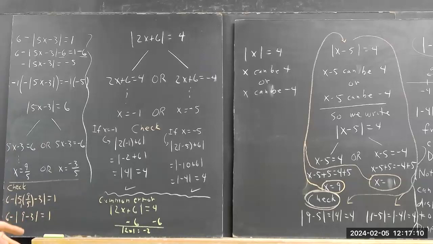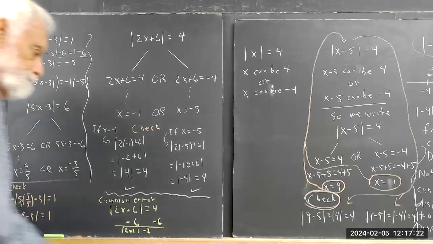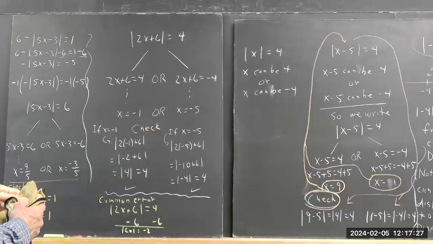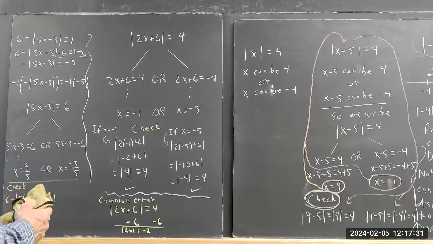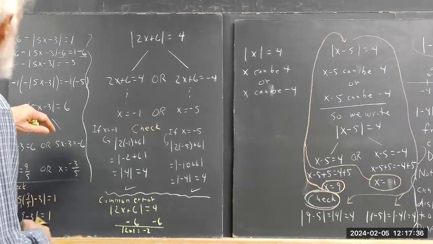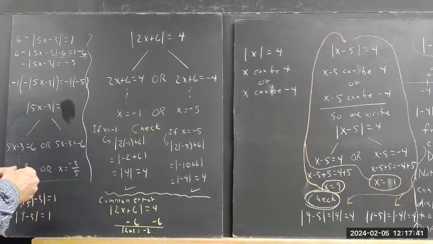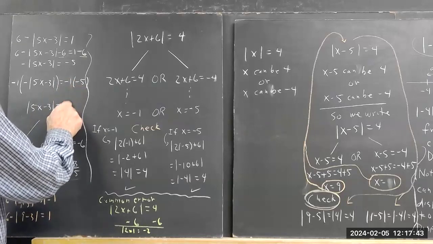I did something wrong in my solution. I don't see what it is. I didn't write my equation right. -1 times -5 is 5.